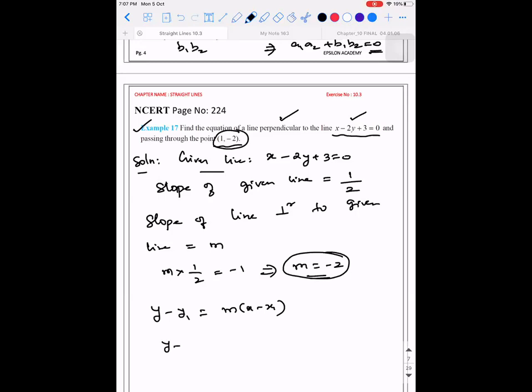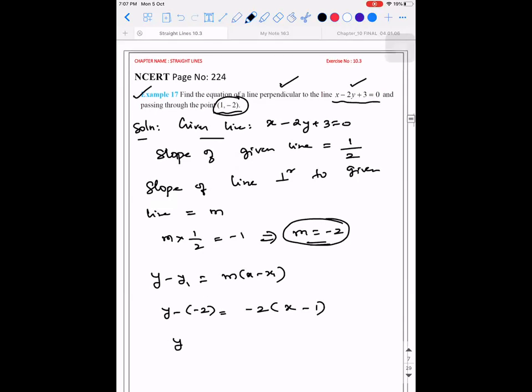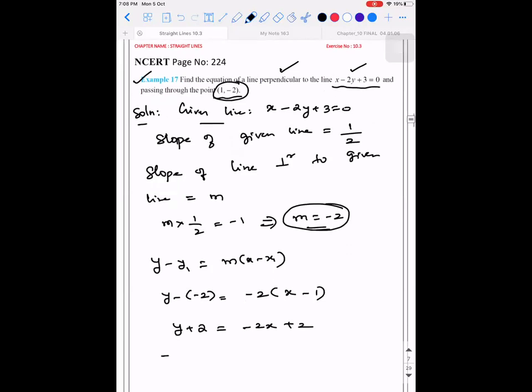So y minus y1, that is y plus 2, is equal to m, which is minus 2, into x minus 1. So y plus 2 is equal to minus 2x plus 2, which implies 2x is equal to y. So this will be the line which is perpendicular to the given line and passing through 1, minus 2.